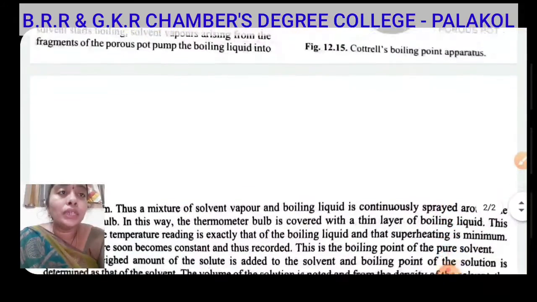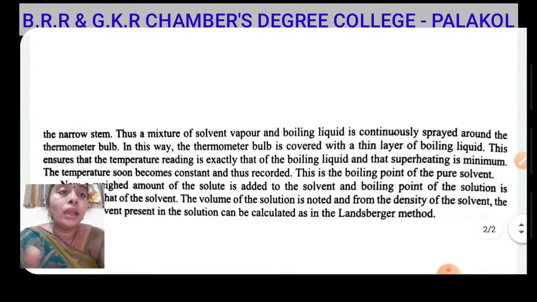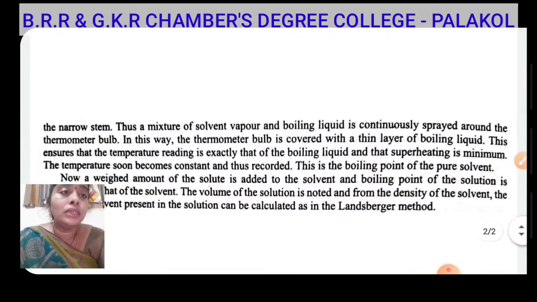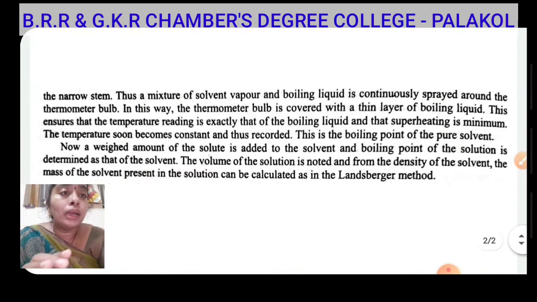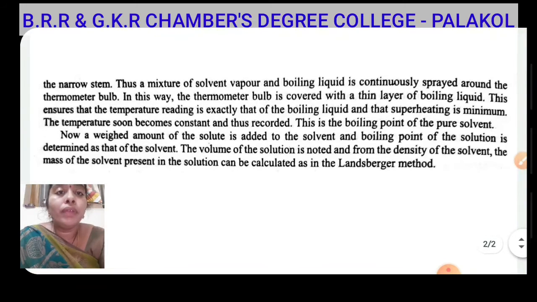In this graduated boiling tube, vapors turn into pure solvent. Now the thermometer reading is noted. This is the boiling point of the pure solvent, T naught.